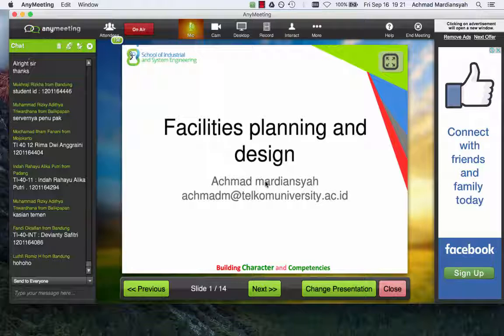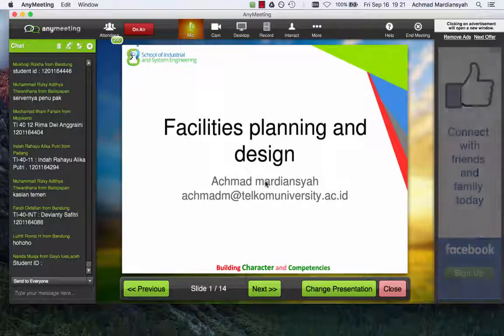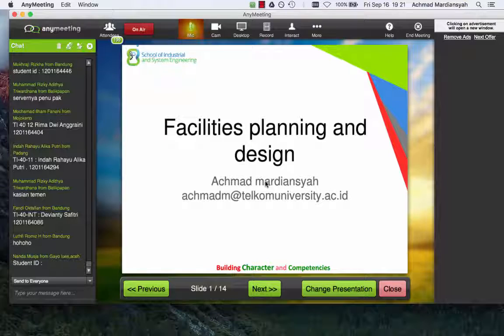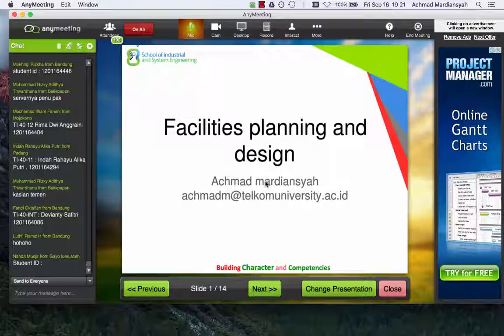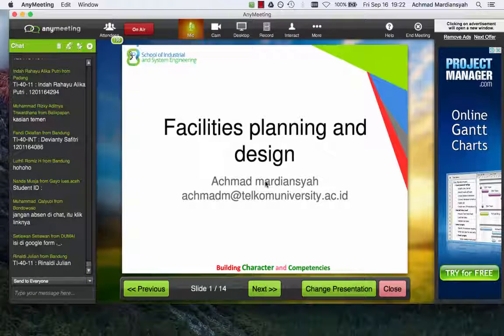So today we'll be talking about facilities planning and design. Previously we talked about ACM01, the code is ACM02 now, which was talking about method engineering.